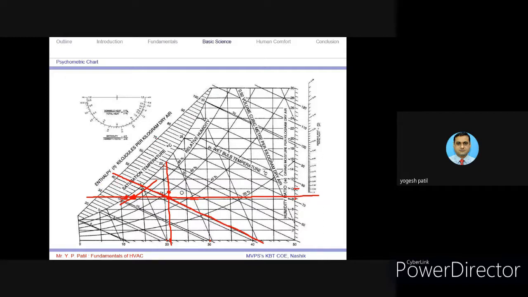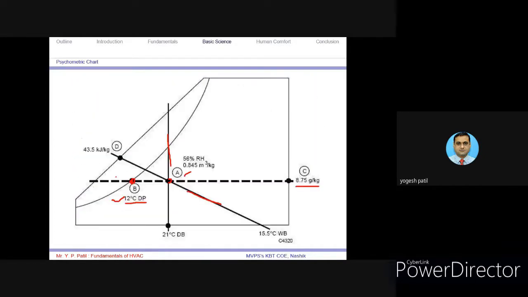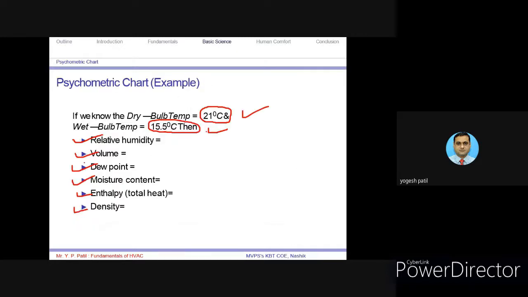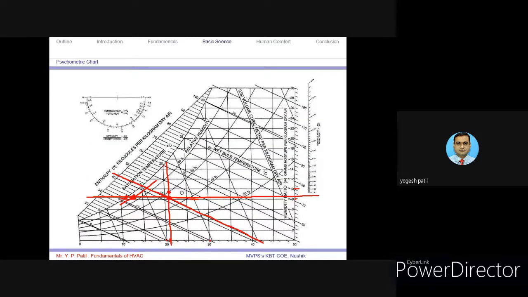You can read here, this is 30 and this is 40, and it is close to 40, not close to 50. So we can interpret this enthalpy value as 43.5. We can mention close to that because it is near 40. In this way, not exactly but very close values we can find from this psychrometric chart.